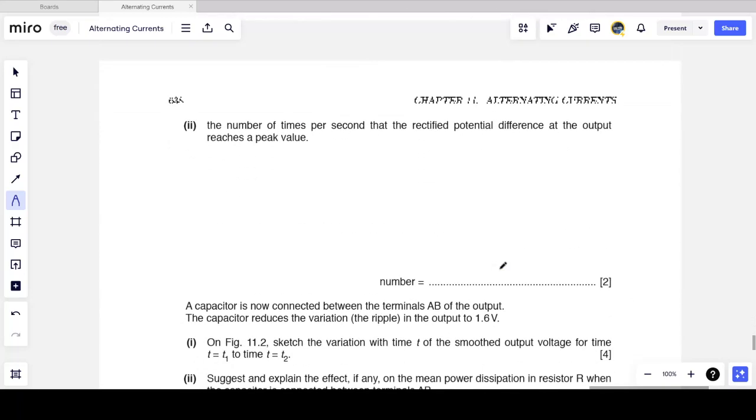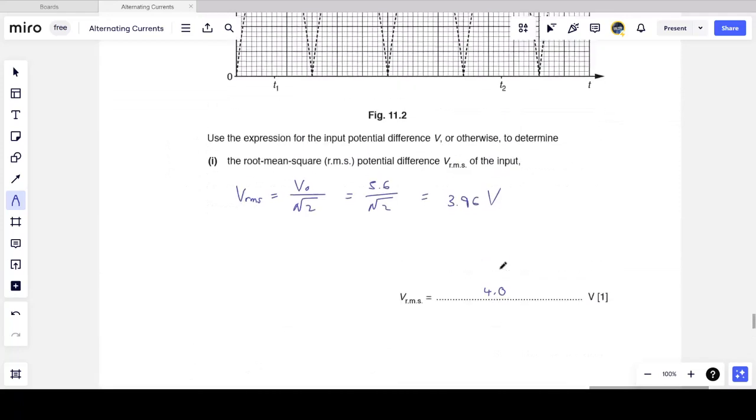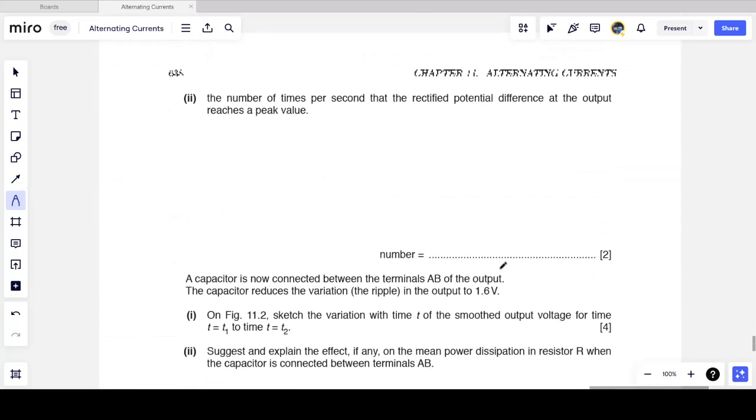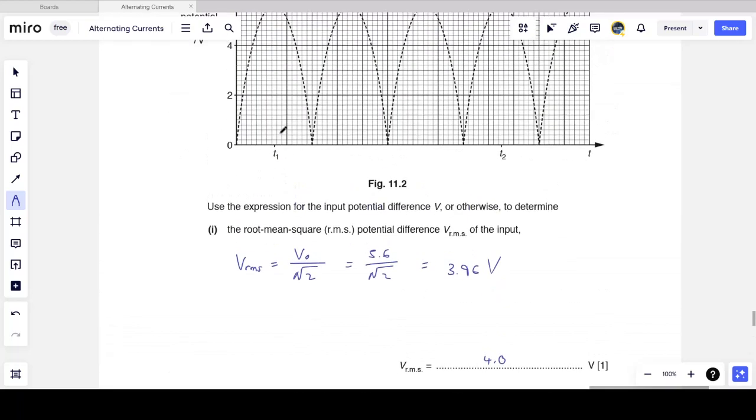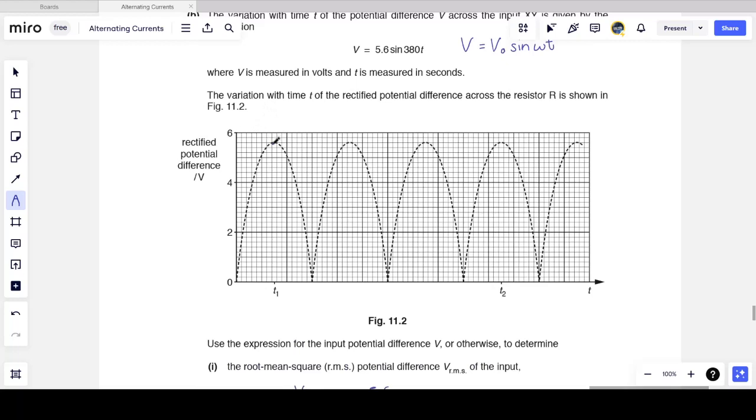But the next sub-question says, determine the number of times per second that the rectified potential difference at the output reaches a peak value. Now, if you look at the peak here, the peak is reached twice every period.